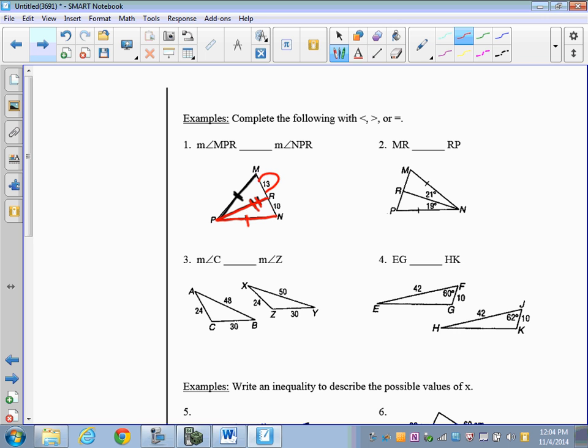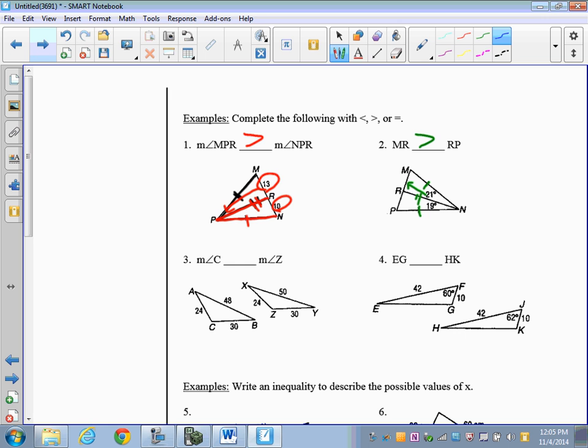Well, 13 is greater than 10, so MPR is greater than NPR. We're working backwards with number 2. We have these two sides in common, and they share a side. So 21 is greater than 19, so that means MR has to be greater than RP.